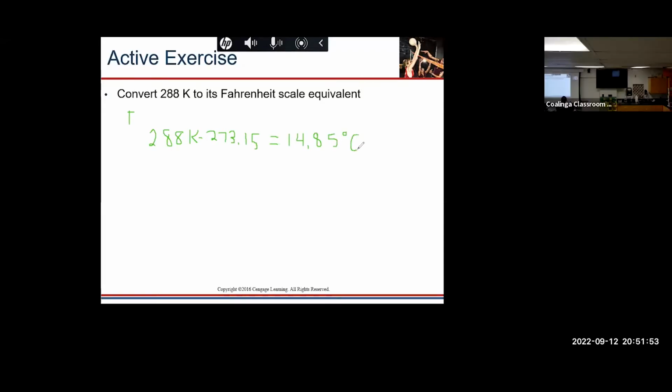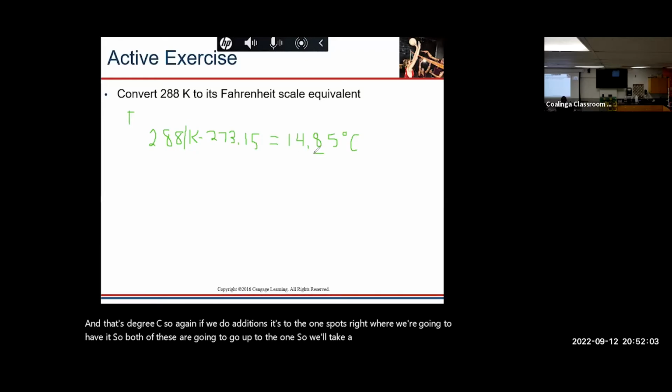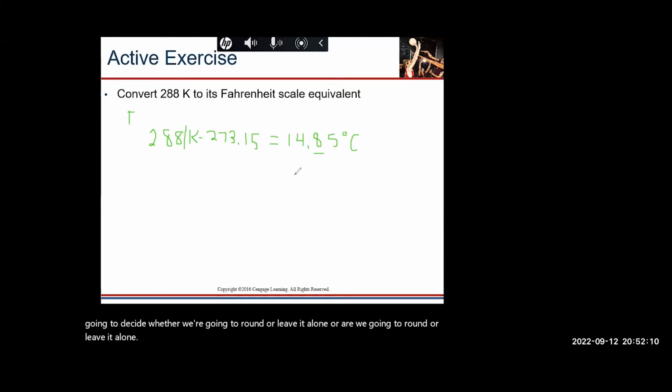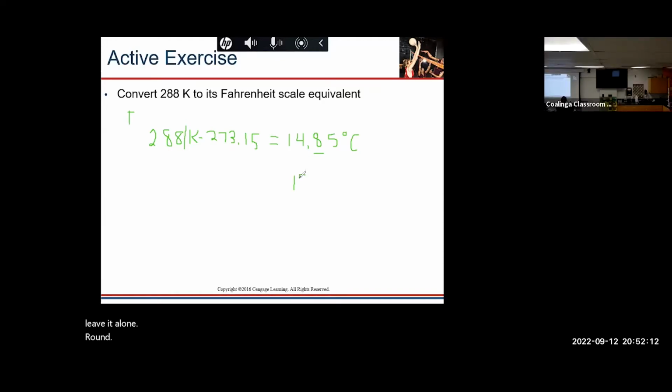And that's degrees C. So again, if we do addition or subtraction, it's to the 1 spot, right? So both of these are going to go up to the 1. We'll take a look at this digit and decide whether we're going to round or leave it alone. Round up. 15. Okay, so it's going to be 15 degrees Celsius.